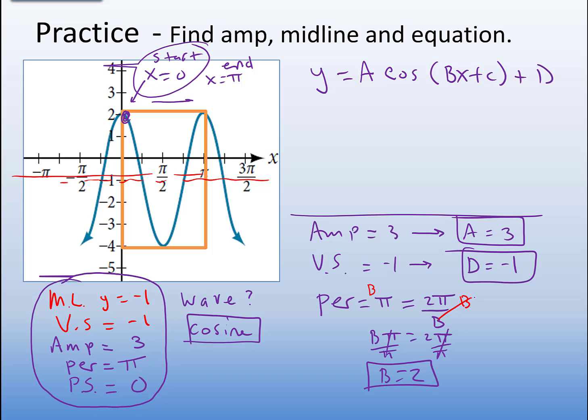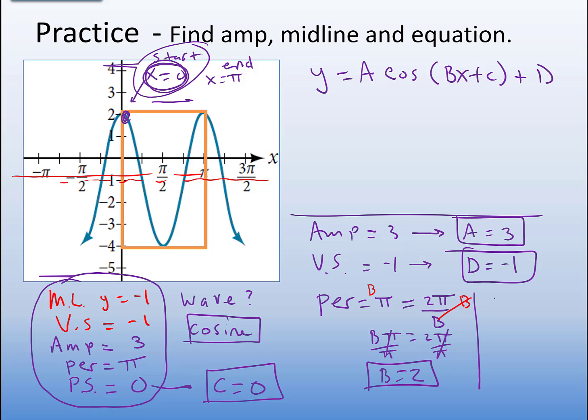So we got 3 of them so far. We need 1 more, and we need the C number. Now in this one, C happens to be easy because the phase shift started at 0. There is no phase shift, so there is no C. So intuitively, you might be able to go immediately there and say C is 0 and be done with it. But I'm going to show you how to find C, because when they're harder, we'll be needing the formula.